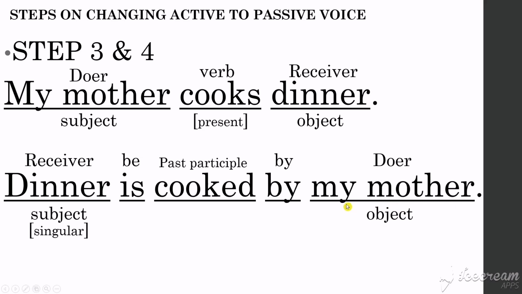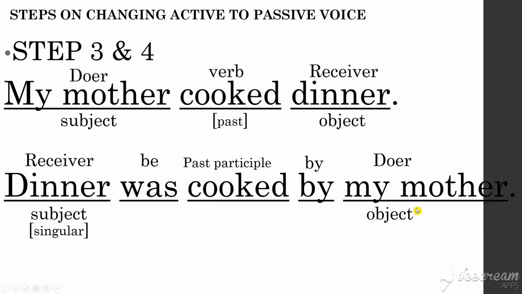Where did this my mother come from? This came from our active sentence, my mother, the doer. So this is our final answer for changing the active voice to passive voice, from my mother cooks dinner to dinner is cooked by my mother, which is now our passive sentence.